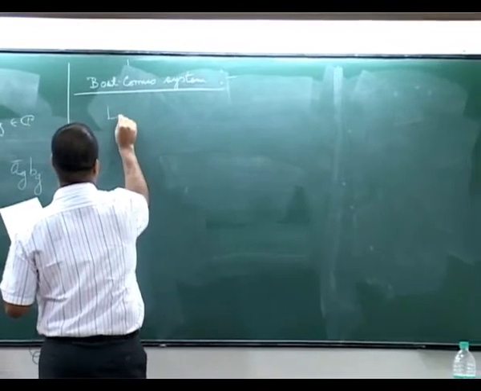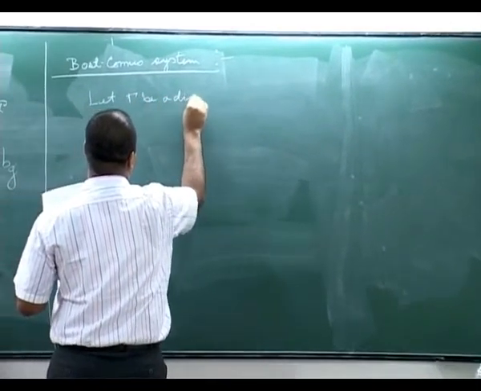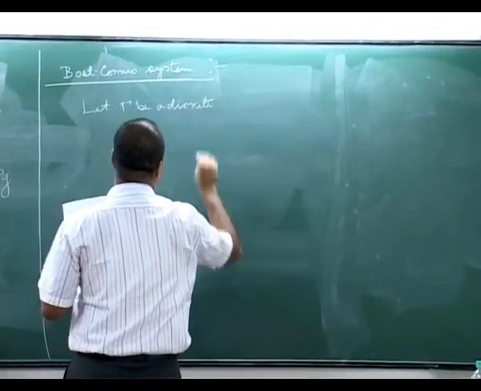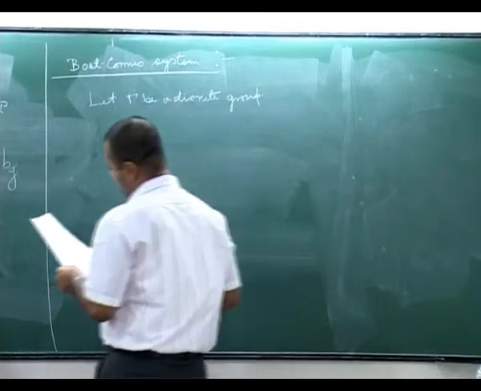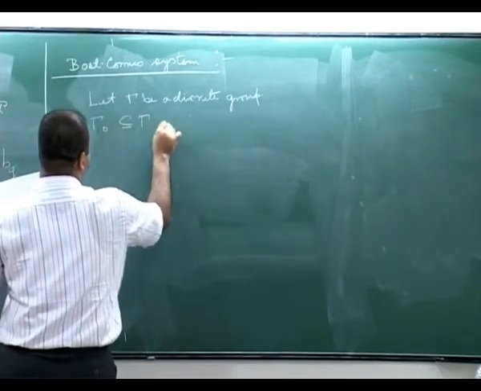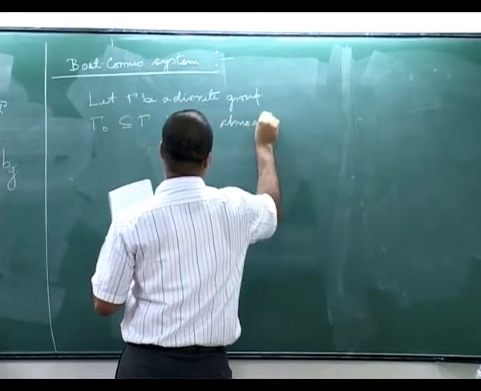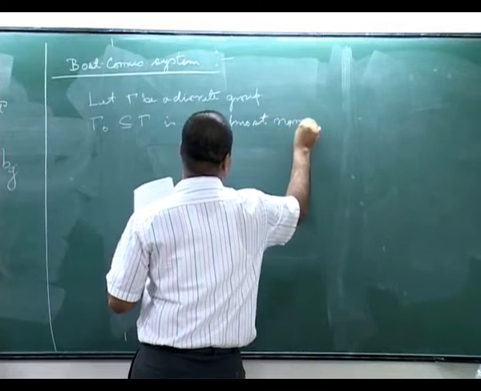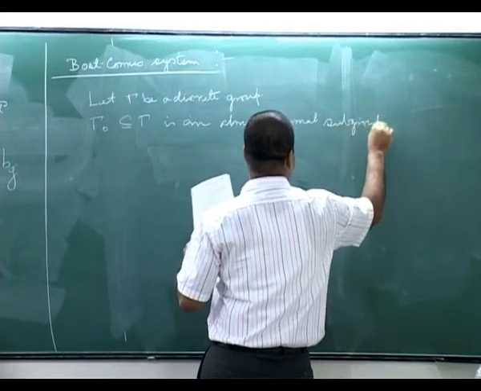So, let gamma be a discrete group, and gamma naught an almost normal subgroup. So this means the following.